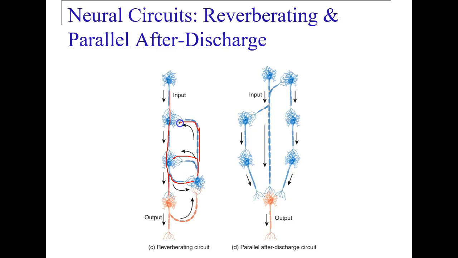So we connect back to these other neurons that keep the signal moving on. So sort of a positive feedback loop, if you would like to think of it. Okay, so parallel after discharge, meaning one neuron has branches of its axon gaining support from other neurons to converge onto a single neuron.